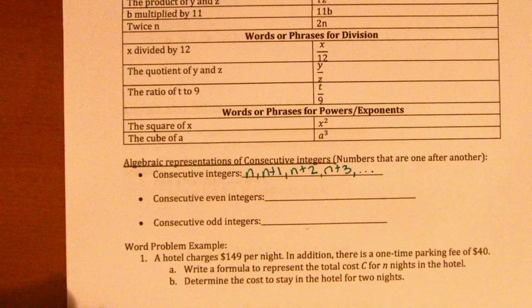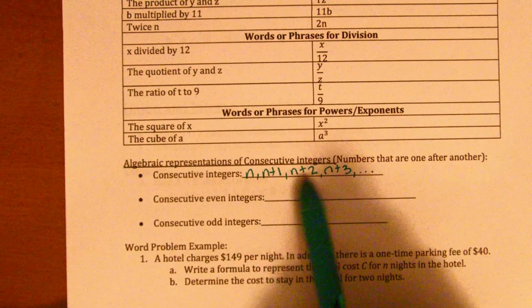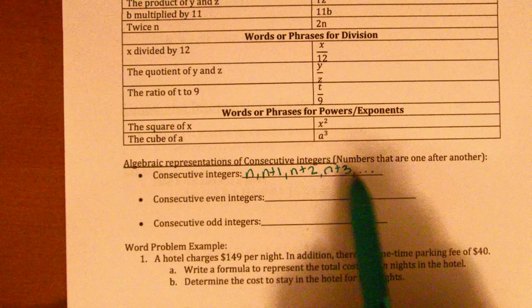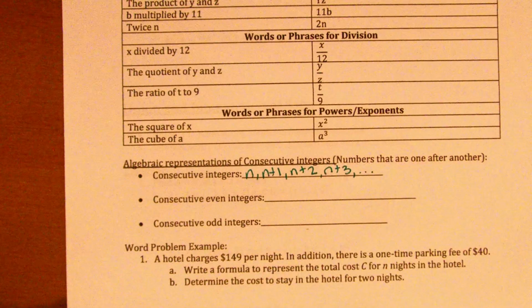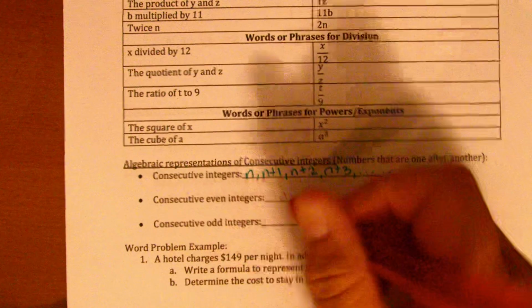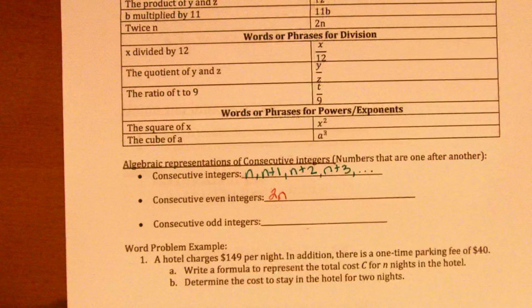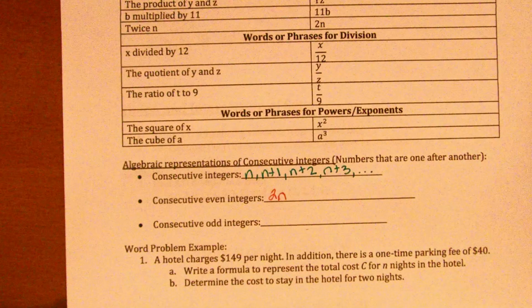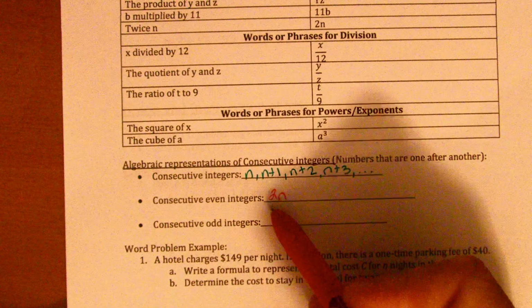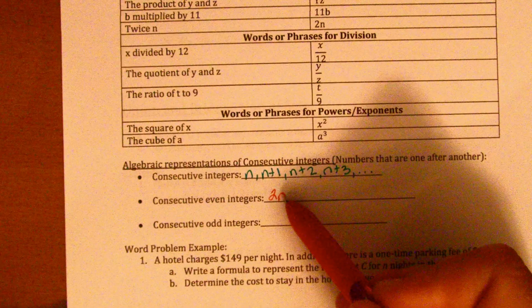So let's say n was 5. This would be 5. 5 plus 1 would be 6, 5 plus 2 would be 7, 5 plus 3 would be 8, and so on. Now, for consecutive even integers, we need to make sure each piece represents an even number. If n can be anything, any number multiplied by 2 will definitely be even. Even if n is 5, times 2 would be 10. If n is even already, let's say it's 4, 4 times 2 is 8.